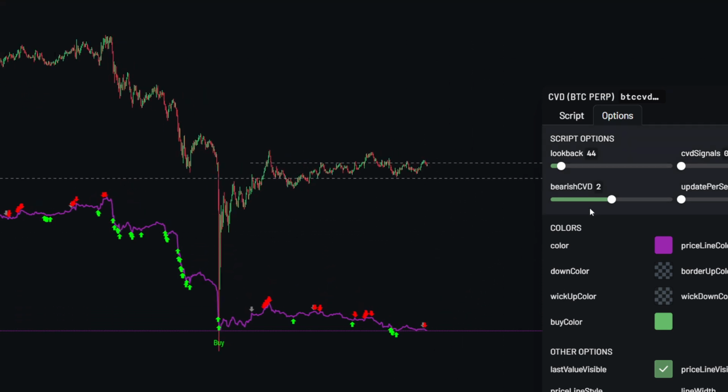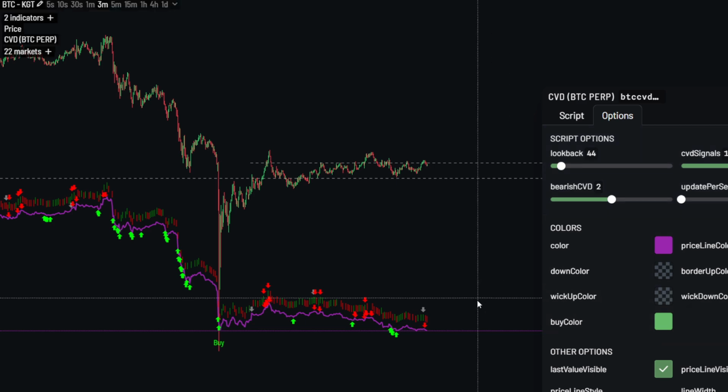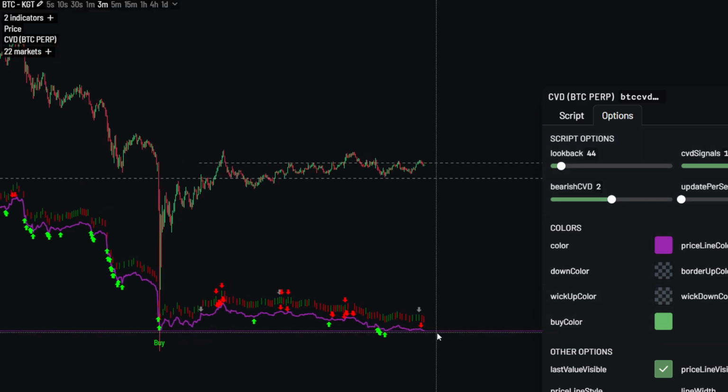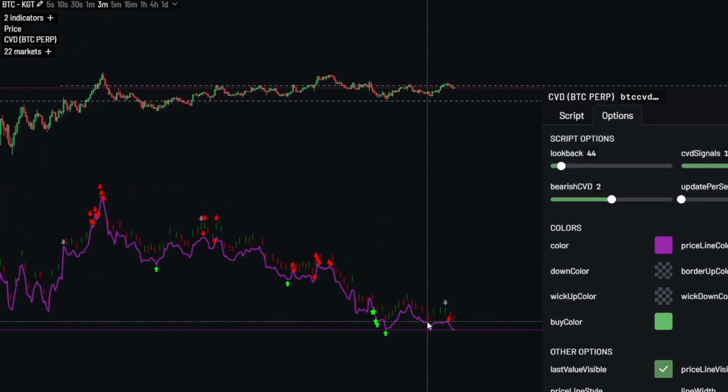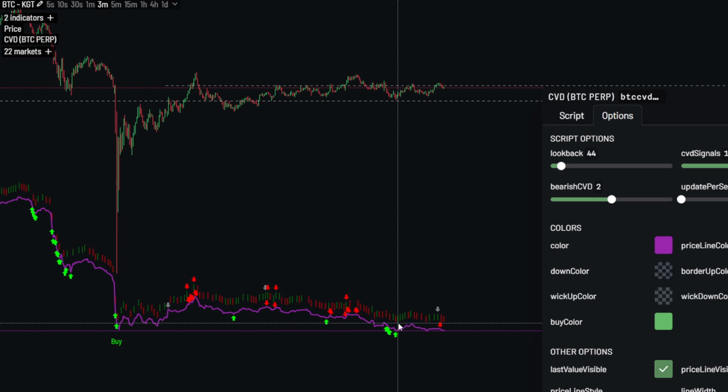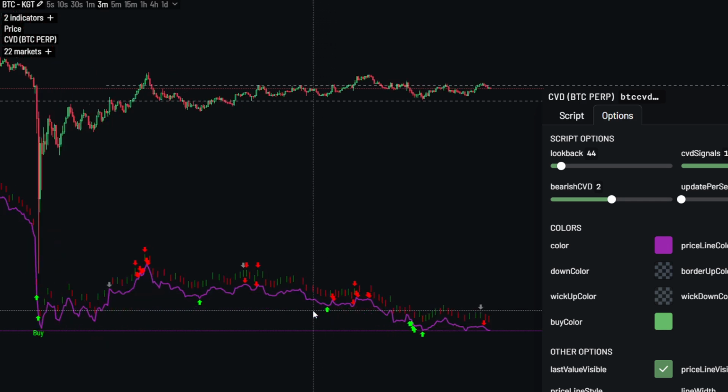On the 3-minute chart, now if we take a look at what's going on behind the scenes, as you can see, there is some accumulation for buyers and then of course accumulation for sellers. But you see more red than green in this zone, and that means a lot of sellers are entering in this area.